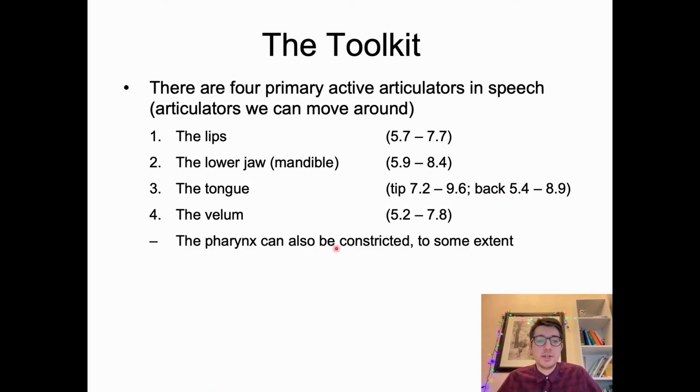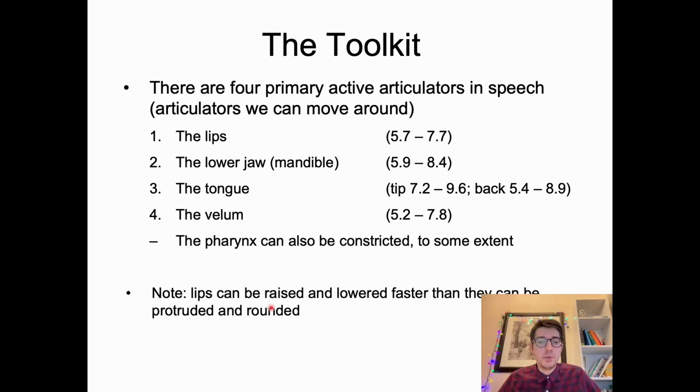The pharynx can also be constricted to some extent, but we won't be talking about it because it's the most passive out of all. There are some muscles here that can be constricted, but we are still moving the tongue or the root of the tongue to make pharyngeal sounds or gutturals. Call them what you will.